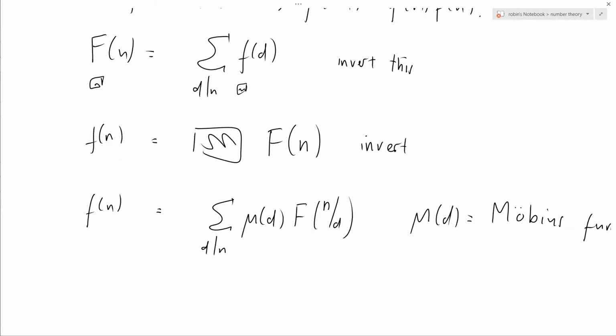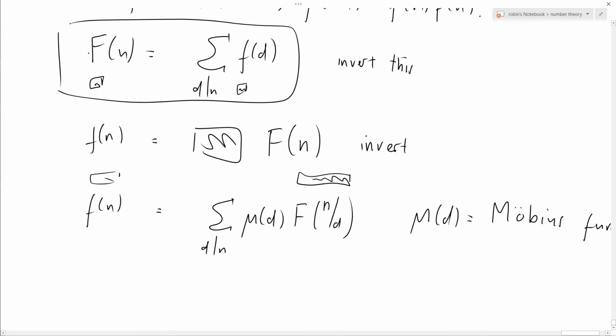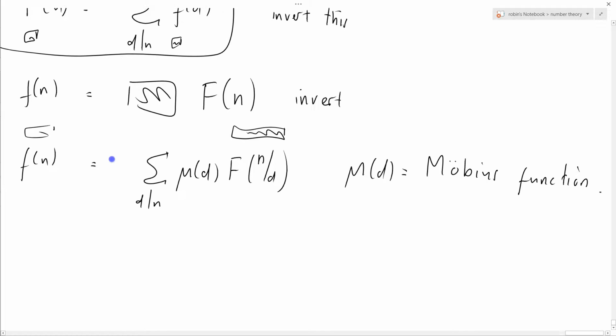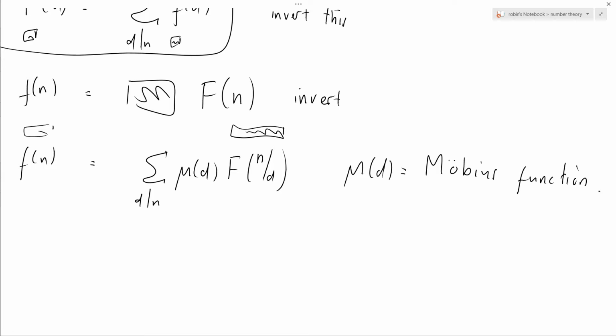So we've done what we said we were going to do. We've inverted: if we know capital F, then we can figure out what the little f was, where capital F and lowercase f have the relationship built in. So we can turn that formula inside out. The Mobius function is instrumental in this.